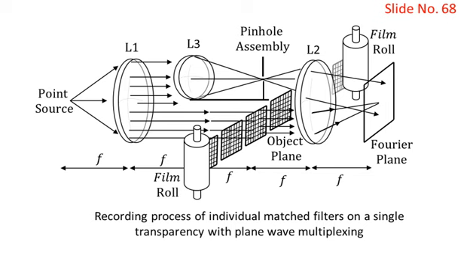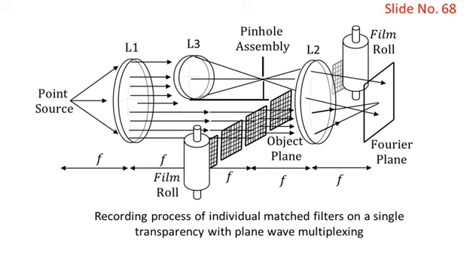After this pinhole assembly, the light will diverge and be incident on the lens L2. All the distances are f in this case, and the L2 lens also has a focal length equal to f. So the lens L2 will generate a plane wave from this diverging wave, and you can see that the plane wave is inclined at some angle.